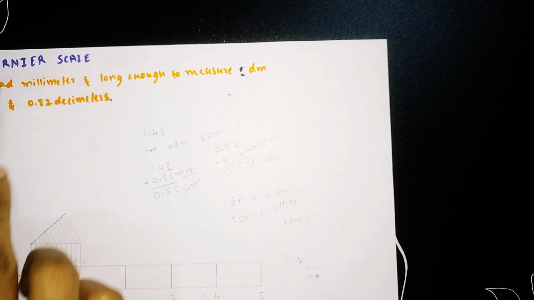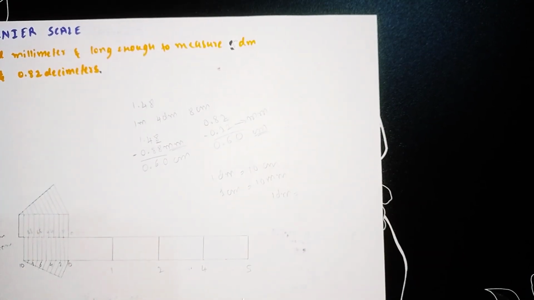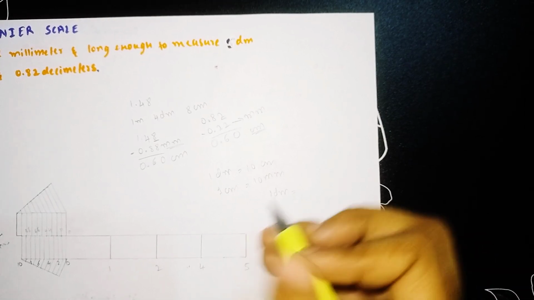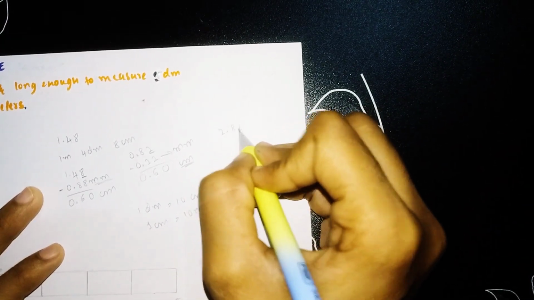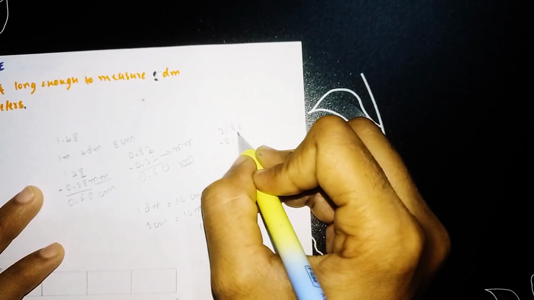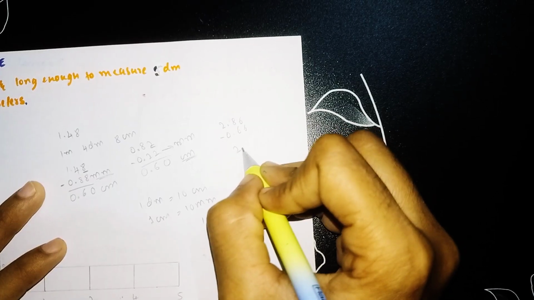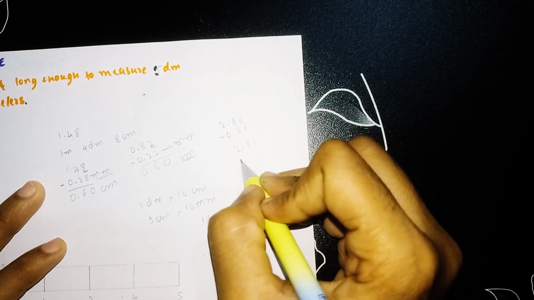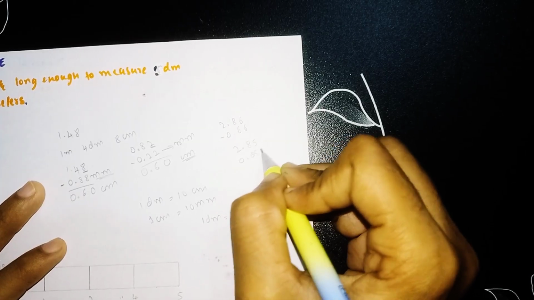So in the case of the vernier scale, we have to apply this rule. They may give any value. If they give the value 2.86, then we need to subtract using the last digit, so 0.66. If the value is 2.85, then we subtract using the 5, so 0.55, like this.